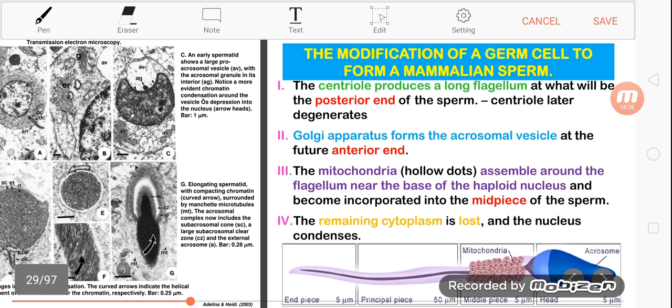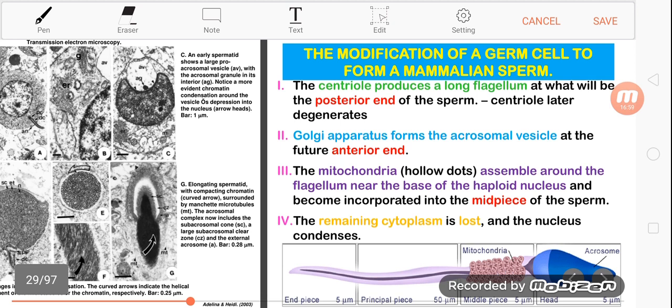Once the 9 plus 2 microtubules are produced, this centriole will degenerate. Number 2, the Golgi apparatus forms the acrosomal vesicle at the future anterior end. Just now we saw that.